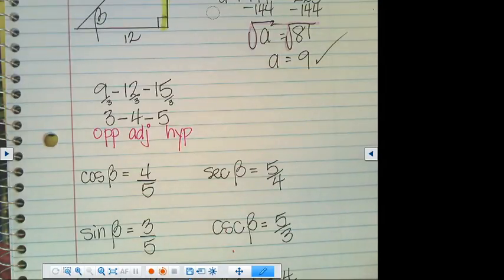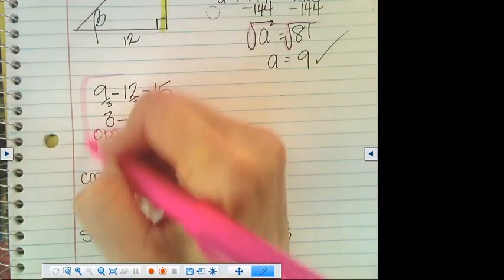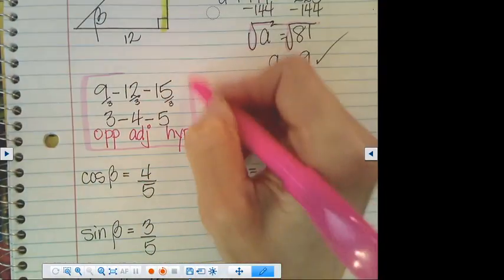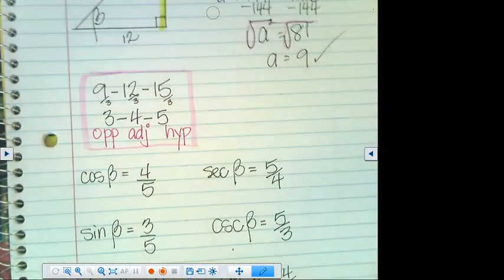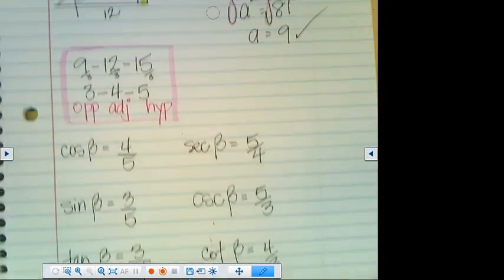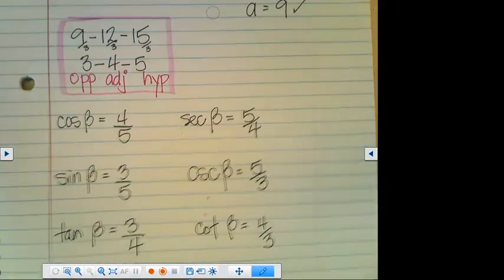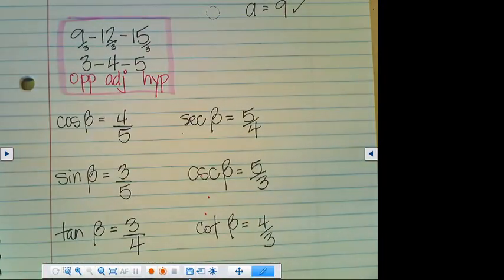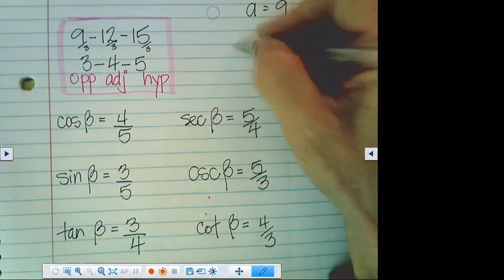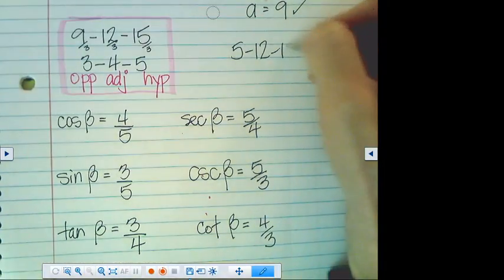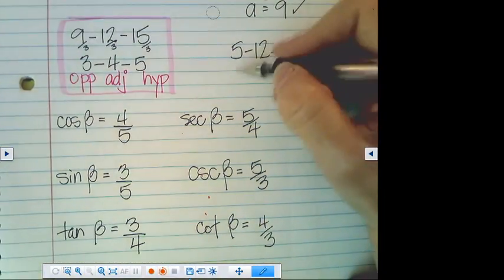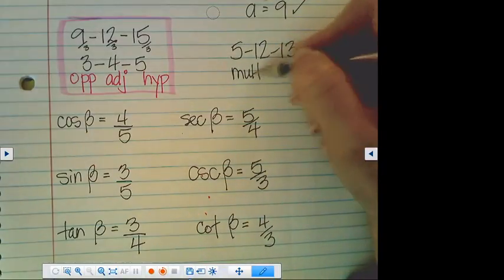Awesome. And you know what? I'm going to tell you guys, this looks like the problems they put on the ACT. I haven't seen many radical answers on the ACT, but they love to slip in. I think I told you guys this last week. On the ACT, they love the 5, 12, 13. And then they love the multiples.